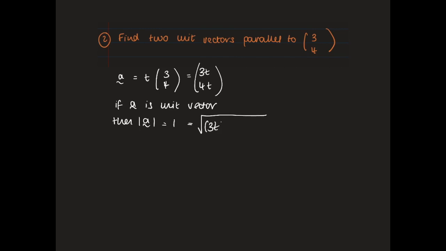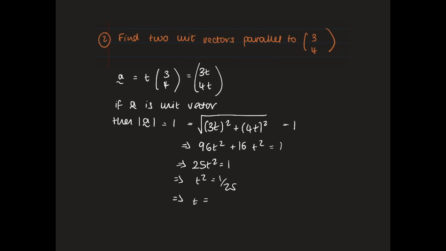So I know the square root of the sum of the squares of my components is equal to 1. So I need to write down my final vectors.